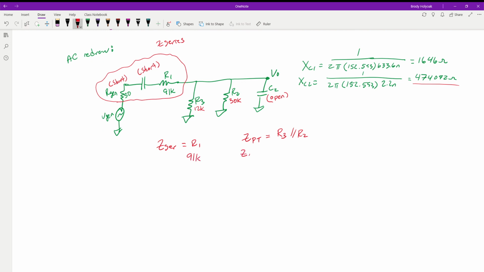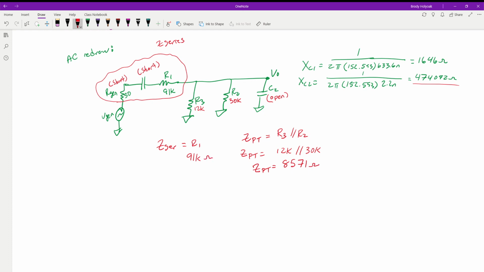Our Z parallel total is 12K in parallel with 30K, and so our parallel total comes out to be 8.571K. So the total impedance between those two resistors is 8,571 ohms.